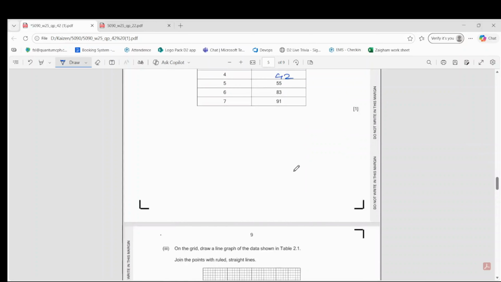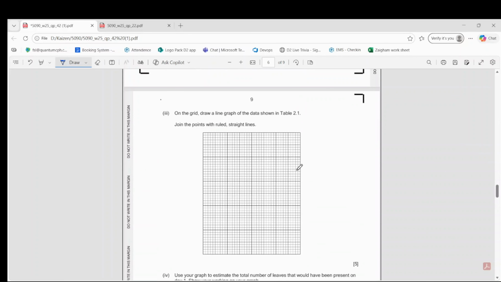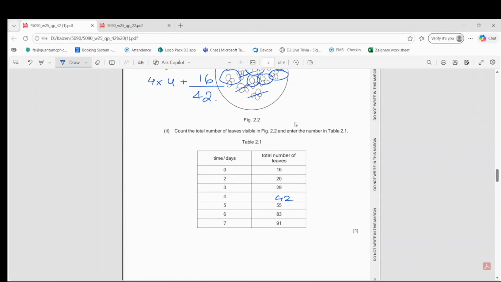Now you have to make a graph, and it's a line graph. Whenever you make a line graph, keep in mind that you have to write the dependent variable and independent variable. Let's say time should be taken on the x-axis and this one is the y-axis.